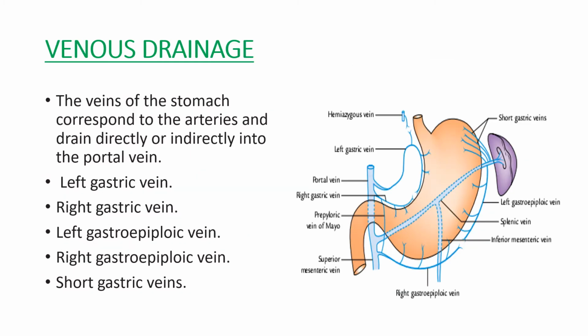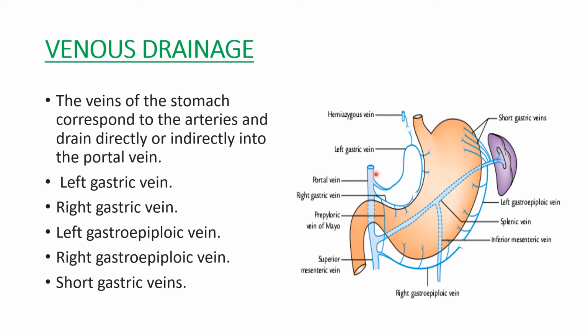The venous drainage of the stomach. The veins of the stomach correspond to the arteries, and they drain directly or indirectly to the portal vein. They include the left gastric vein, the right gastric vein, short gastric veins, the left epiploic vein, and the right epiploic vein.